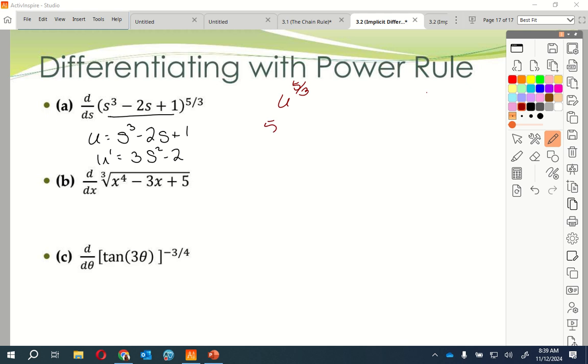So it'd be 5/3 u, subtract 2 over 2. Oh, I'm sorry, 3 over 3, because it's thirds. Subtract 3 over 3 gives 2/3, times u prime.